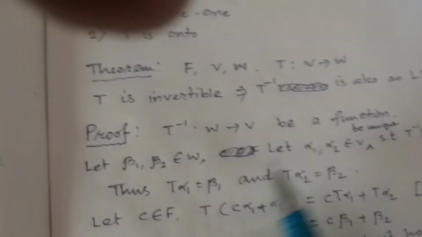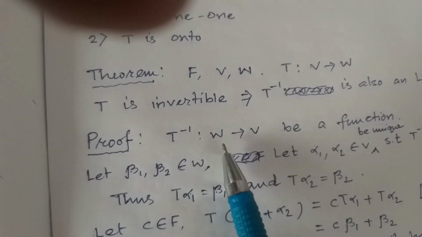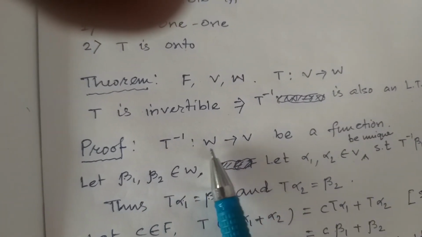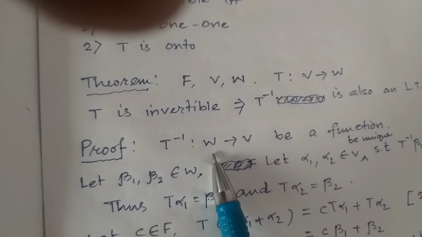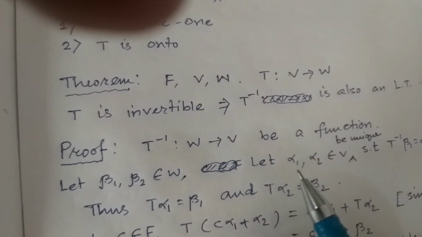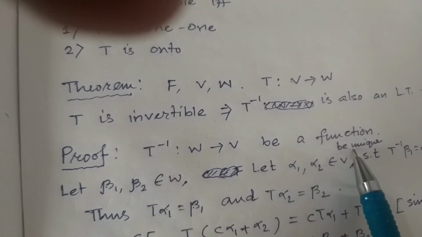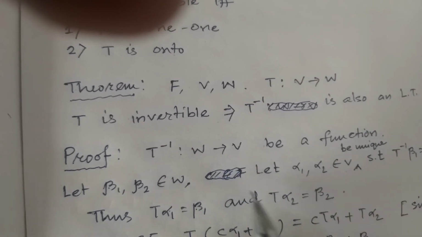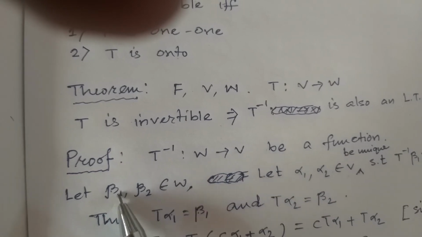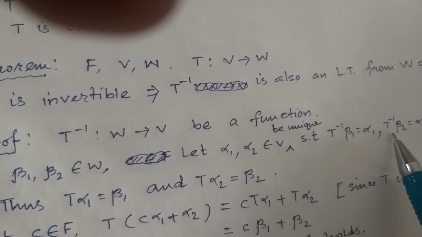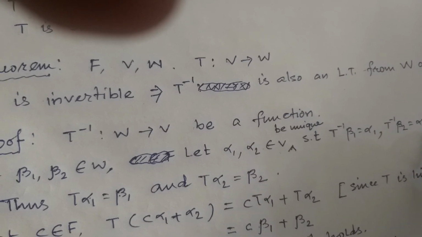So how? T inverse maps W to V, as a function. We take beta 1, beta 2 arbitrary elements in W, and then we get two unique elements alpha 1, alpha 2 in V such that the T inverse image of beta 1 is alpha 1, T inverse image of beta 2 is alpha 2.